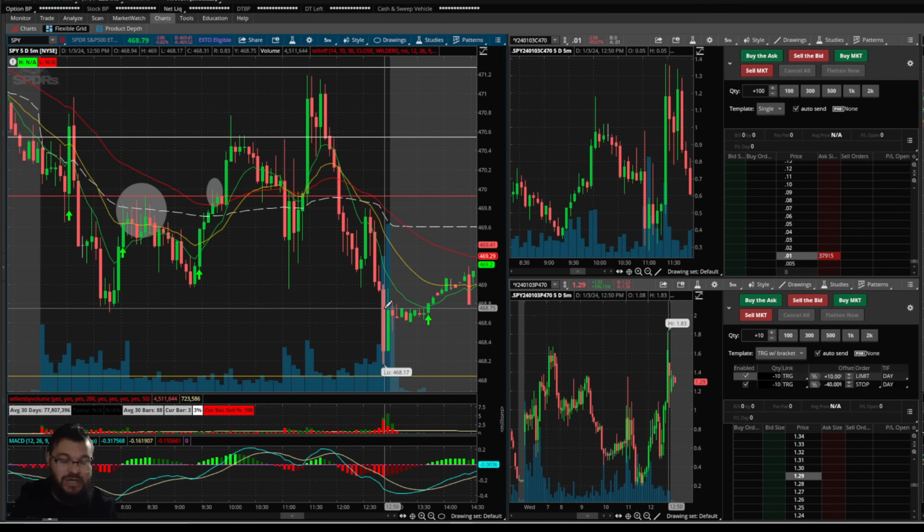Now, this is not a trade that I would ever take because this is too close to the close of the market. Those premiums are not really going to move much, right? I don't want to take that risk. I don't want to take that gamble. That's not a trade that I would have taken.